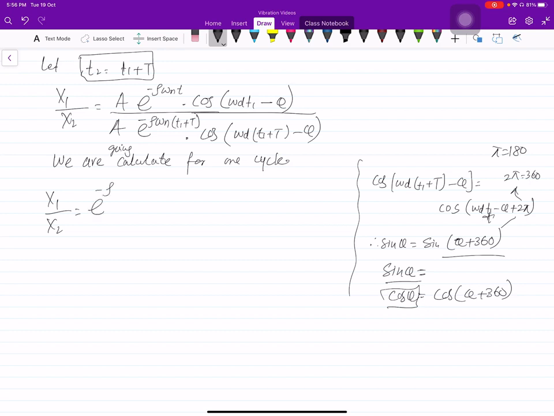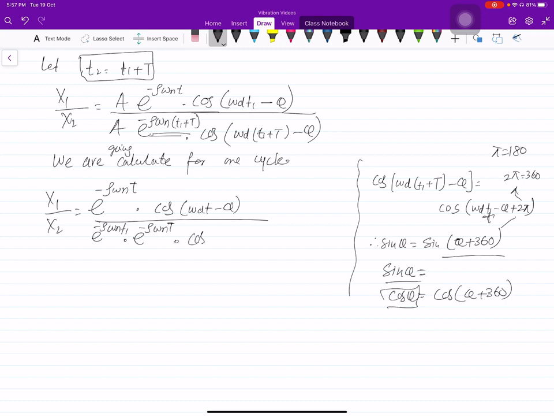So we write these terms again: cos of ωd t1 minus this one, and then we have this exponent. When you multiply the same base, you have to add the exponents. So we have ω n t1 and ω n T.